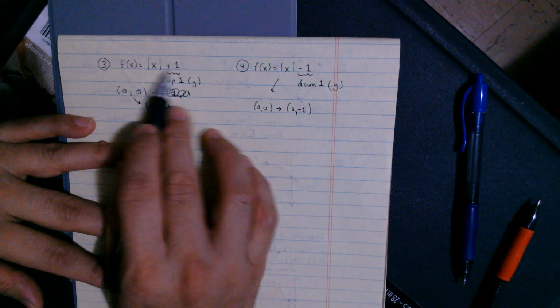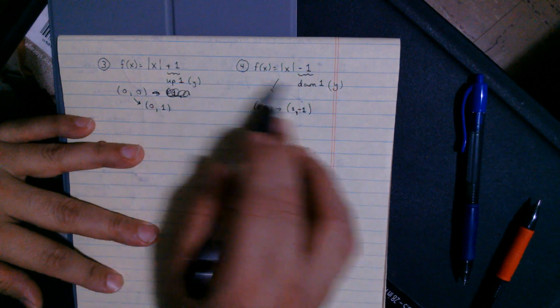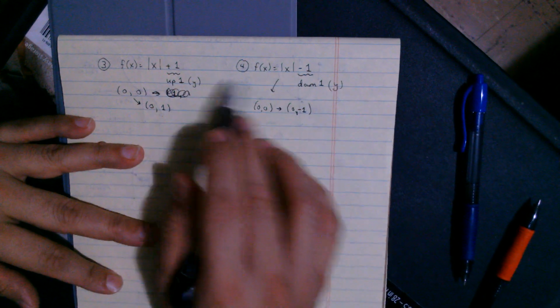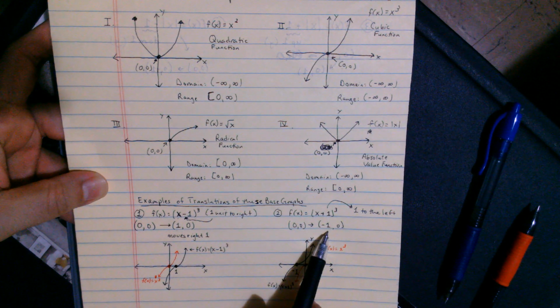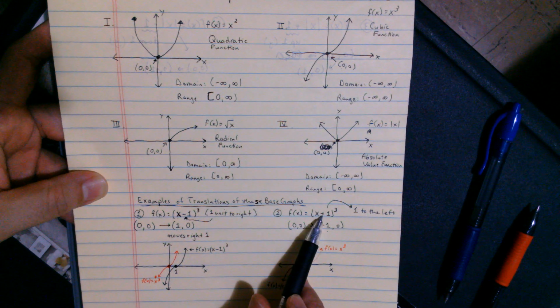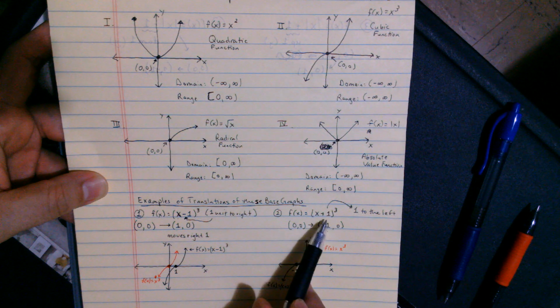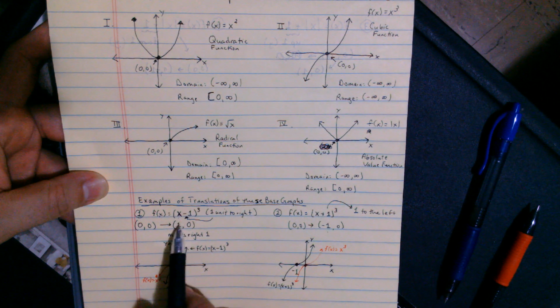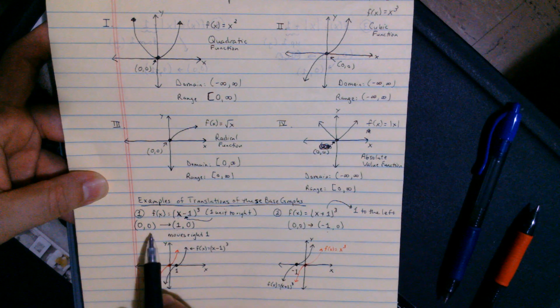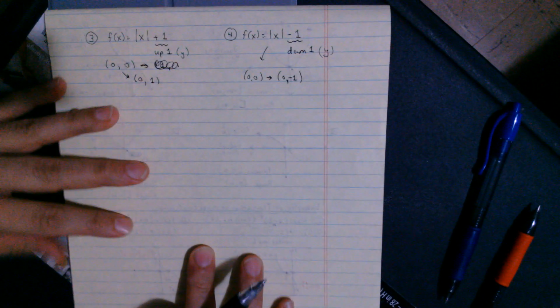So plus on the outside of x means up, minus means down, so that affects the y value. In the previous one, right and left affected the x value. Left is positive, so it's weird because it's the opposite sign, and negative 1 means 1 to the right, so the x value gets affected. This one will affect the y value.